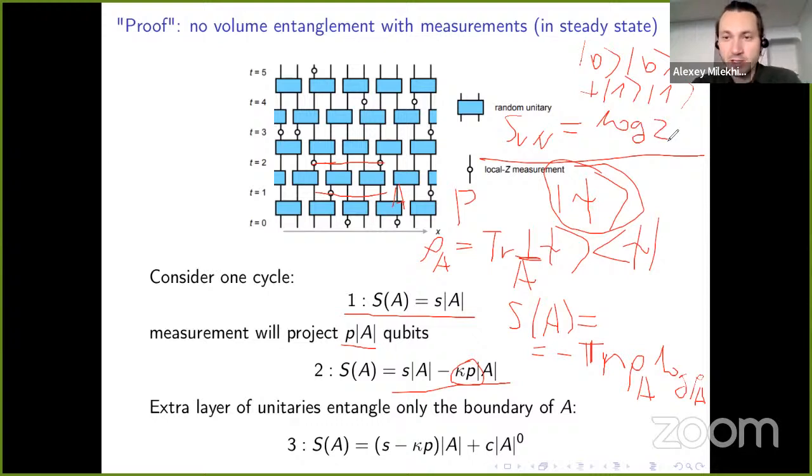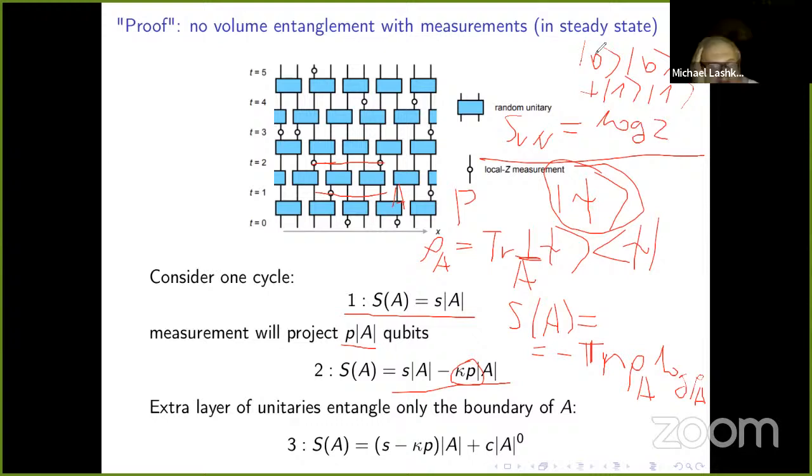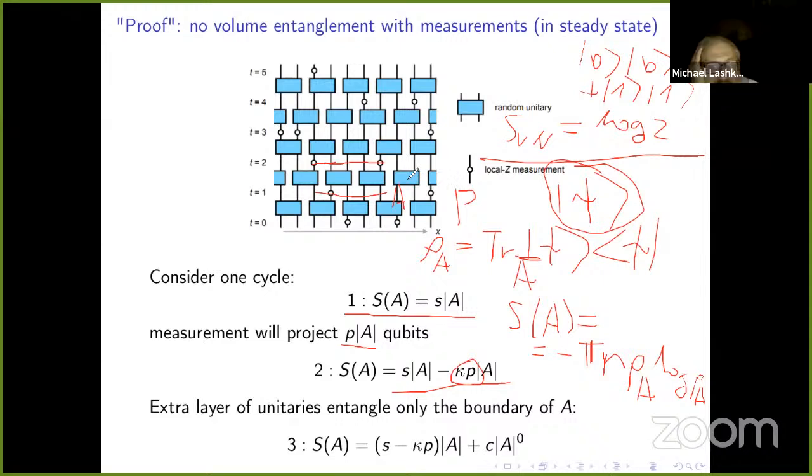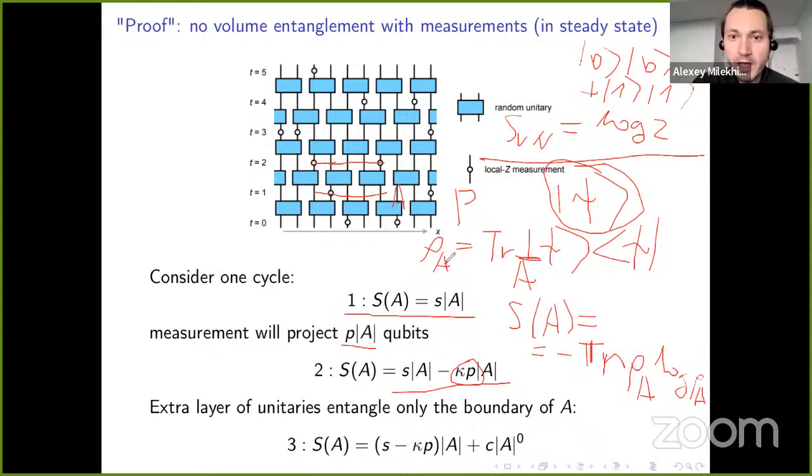I leave it as an exercise. Here A is some subsystem of qubits, right? Yes, that's right. If A and the A complement are in a product state, then von Neumann entropy is 0. Otherwise, it's positive.